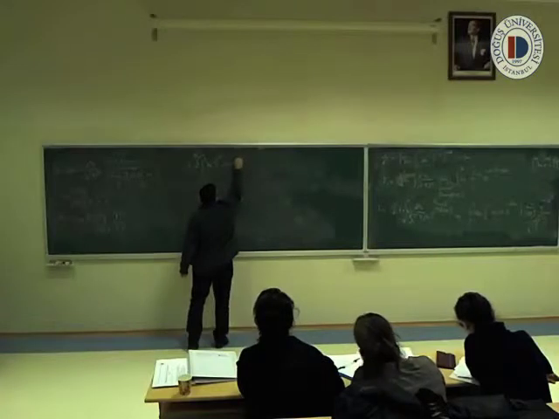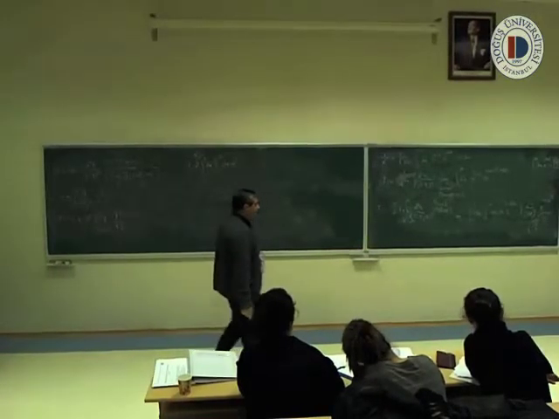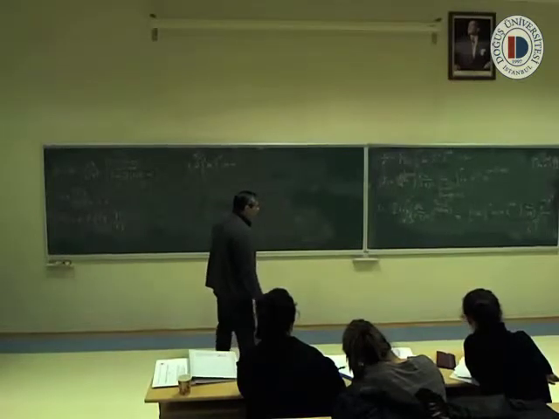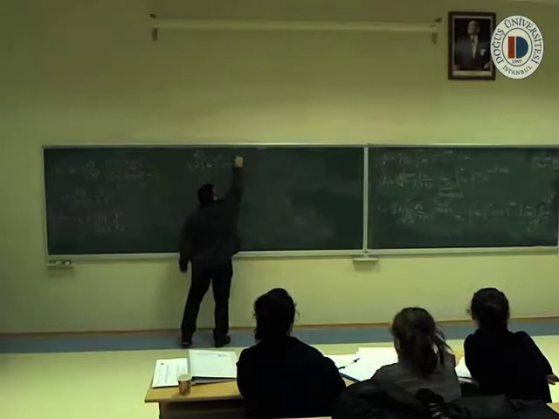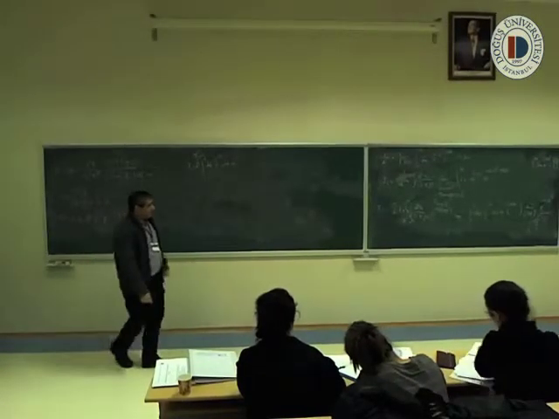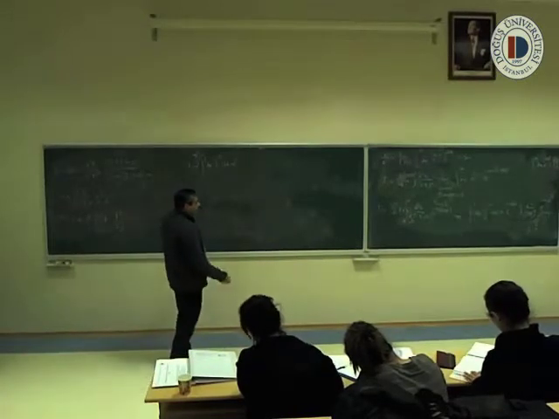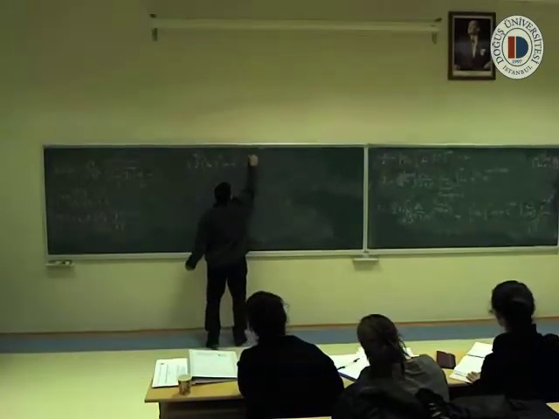Here we have alpha to the power minus 2, sorry, alpha minus 1, we have another alpha, alpha minus 1, then e to the power minus alpha delta.